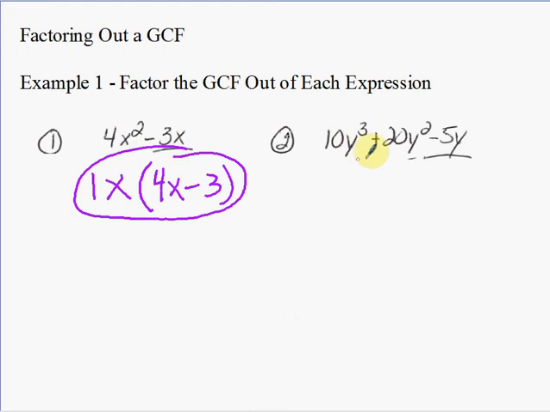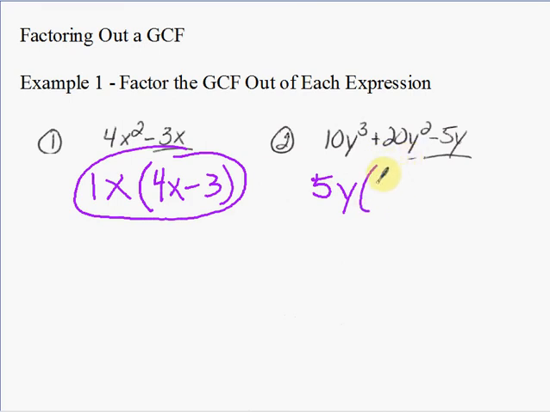This time I have 3 terms. I have a trinomial, 3 terms. It's actually cubic because of this term right here, degree 3. The largest number I can divide those 3 terms by is 5. And they all have y's, so I'm going to pull out a y, factor out a y. Sometimes I say pull out a y. And the exponent is going to be a 1 because it's the smallest exponent I see. I'm going to start my parentheses.